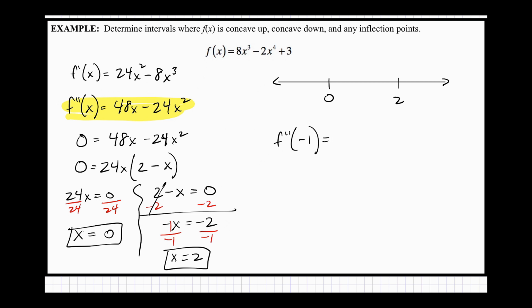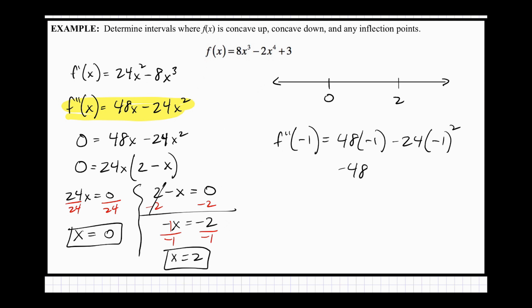So I'll plug in negative 1. Again, I'm not caring necessarily what value I get. I just want to know if it's going to be positive or negative, because any number I pick less than 0 is always going to give me the same sign.